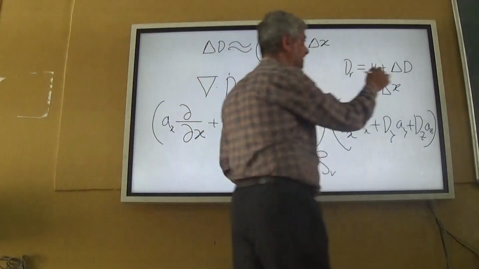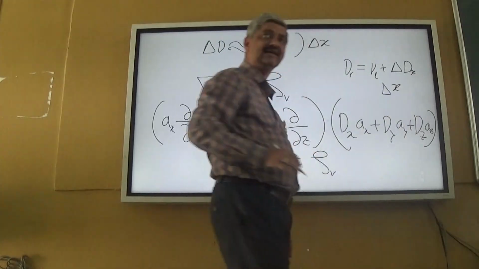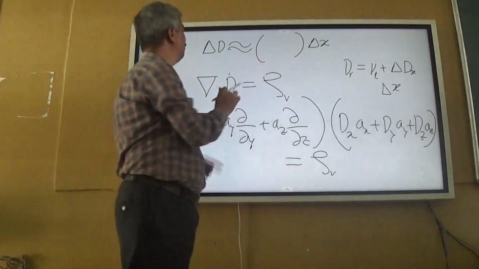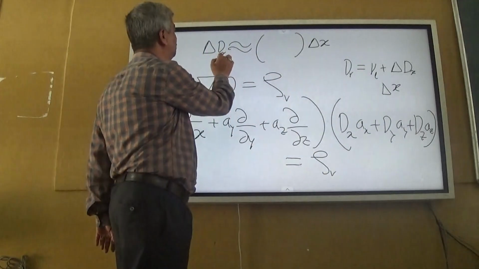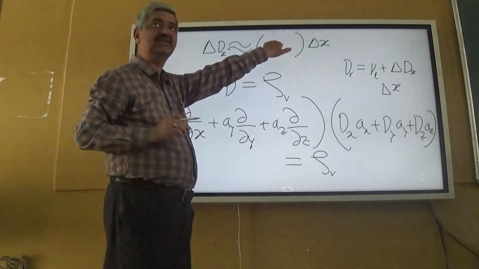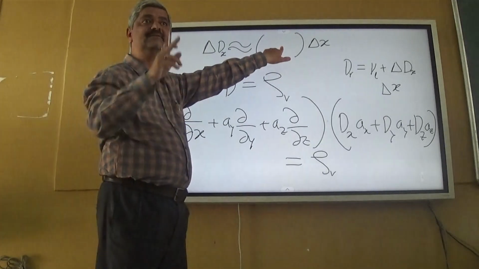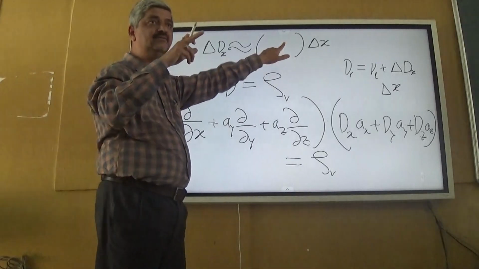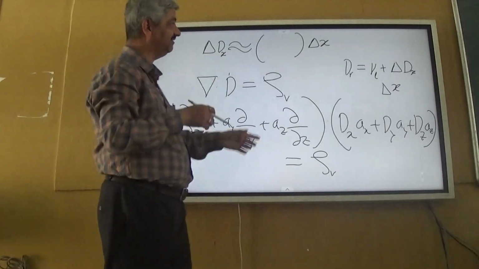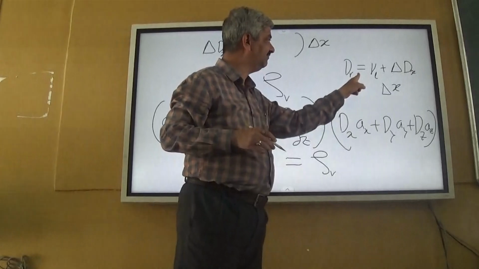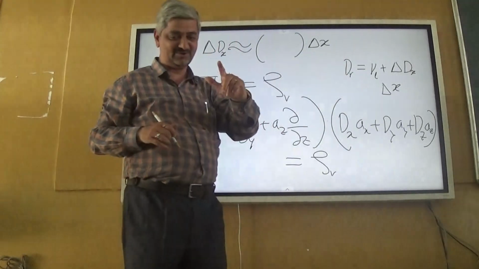So it is not just D, it is Dx, right? So delta Dx would be what? Can you write something here? No, that. So what does it mean, what are we doing?